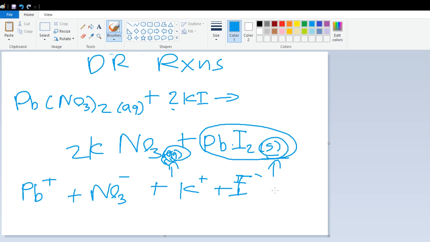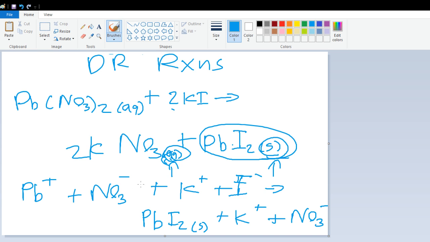And what we got out was a solid precipitate of lead iodide and really just still the same ions of potassium and nitrate, because they were both aqueous, and this compound remains aqueous.